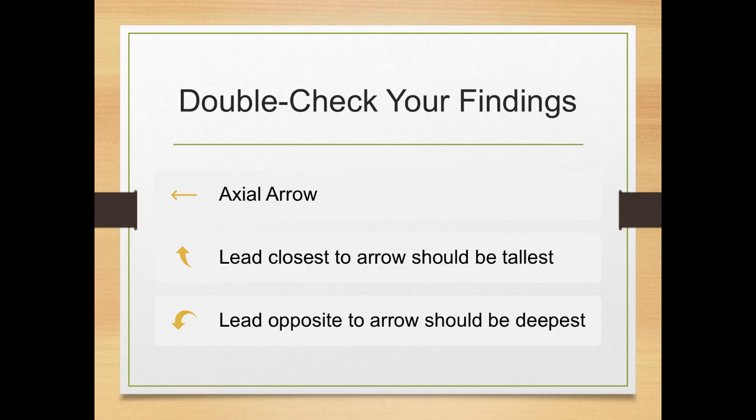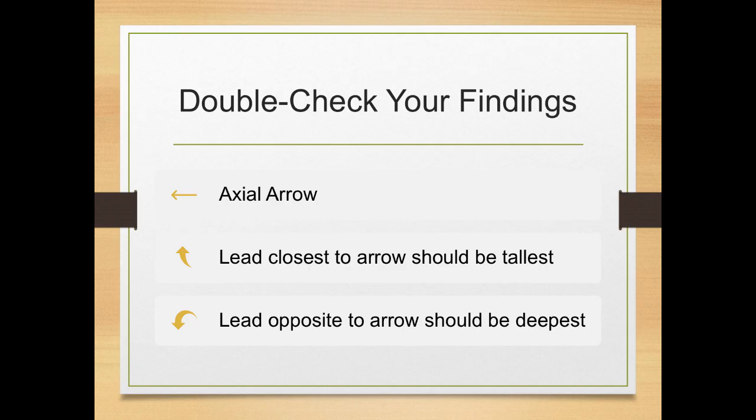Wherever it ends up after our adjustments, the lead closest to that arrow on the hexaxial diagram should be the tallest on your 12 lead. And the lead opposite to that arrow, if we shot it backwards, should be the deepest QRS complex on that 12 lead. And we're just talking about the limb leads right now.